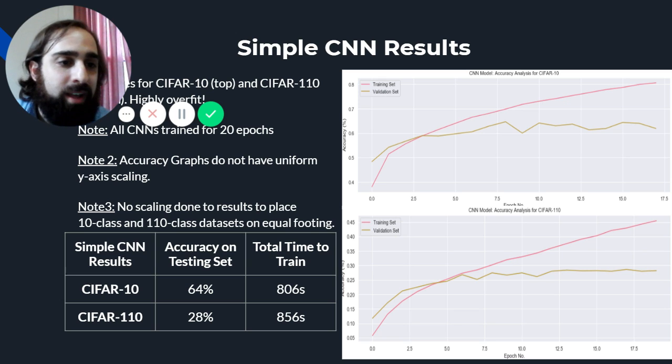You'll notice that the lines stop at about 16 epochs instead of 20, but the rest of them are 20 epochs. And the second note I wanted to make is that the graphs are not directly compared to scale. You'll see that for CIFAR 10, the ticks go up to above 80% accuracy, with CIFAR 110 only achieving less than 50%.